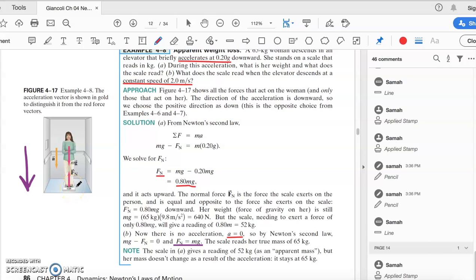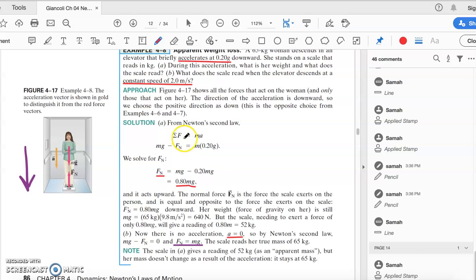So it will read Fn. In other words, we will calculate Fn in both cases: one when we have acceleration, and the other when acceleration is equal to 0. In both cases, we are applying Newton's second law.